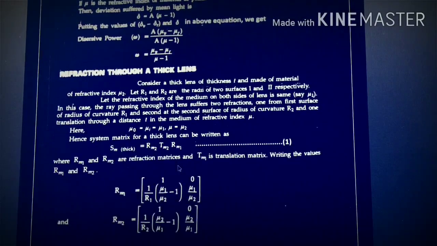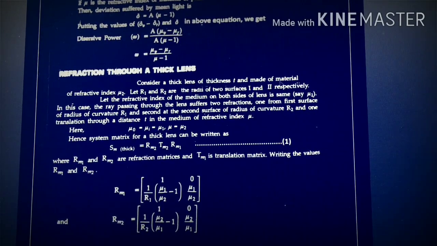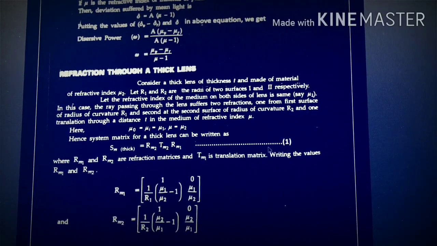So the next one is refraction through a thick lens. The optical system is a thick lens. First we consider a thick lens of thickness small t, in a medium having refractive index mu m.